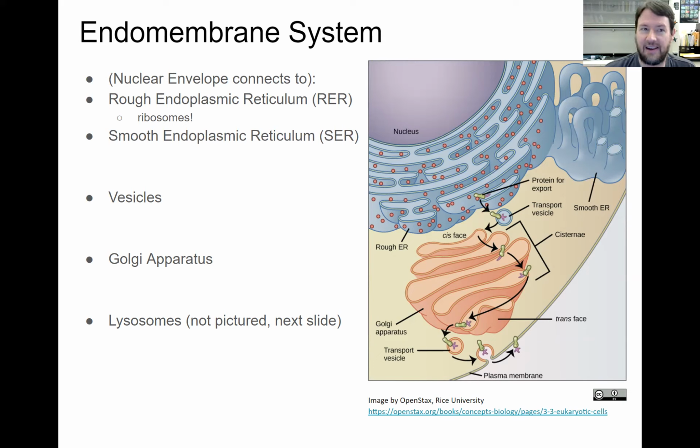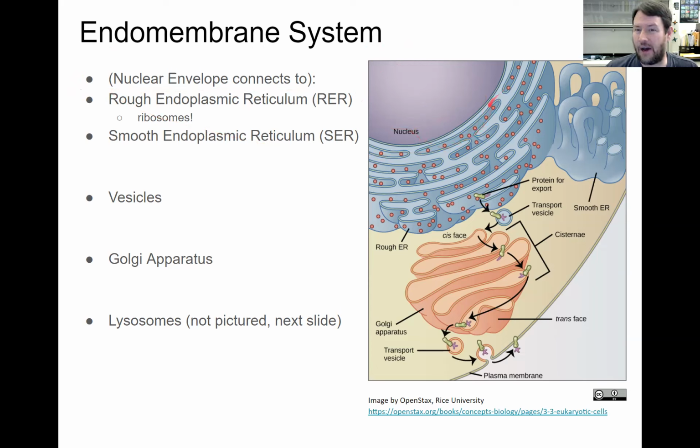And endo means within, membrane just means membranes, right? So this is a system of membranes inside of the cell that all work together. And it's composed of, well, actually the nucleus is part of it. So that's kind of the control center, right?